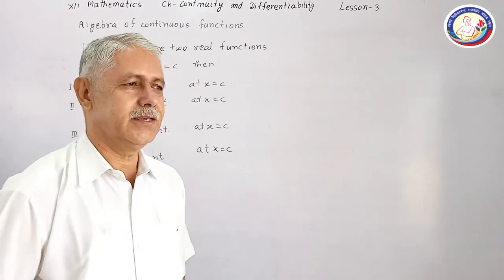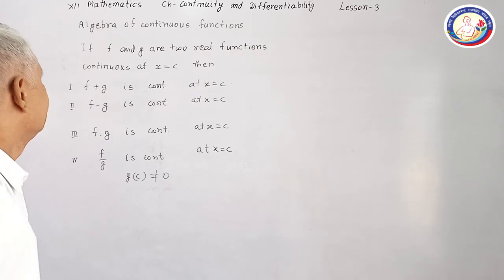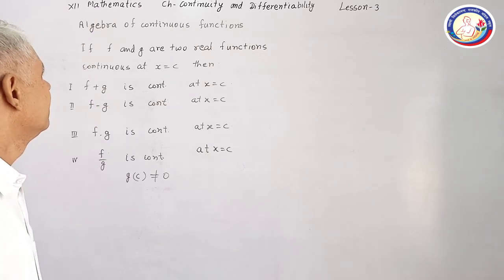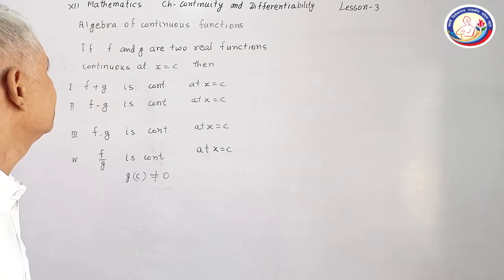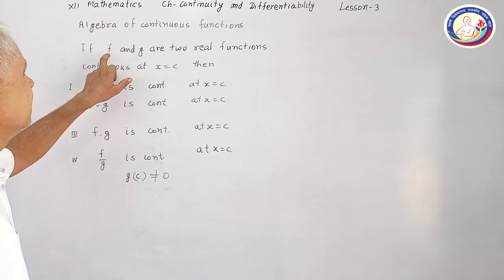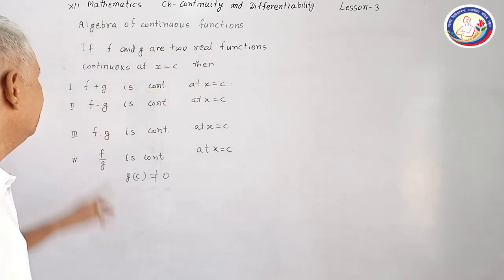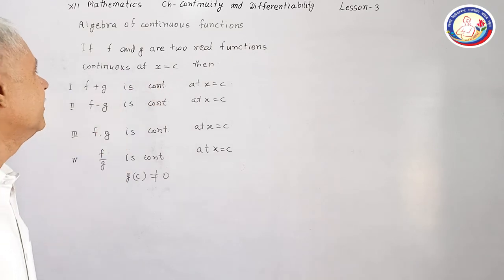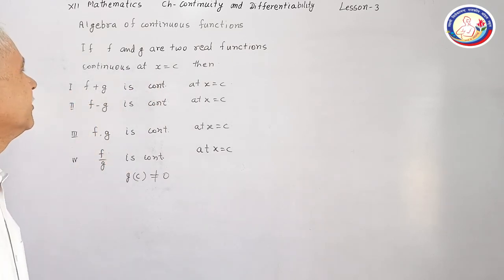Now we are taking some properties of continuous functions, or algebra of continuous functions. If there are two functions f and g, both real functions and continuous at x equal to c, then the sum of these two functions will be continuous.